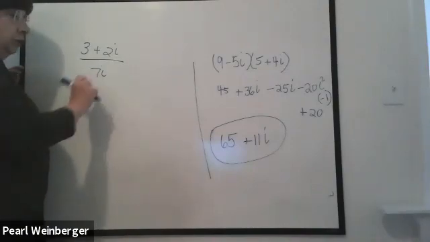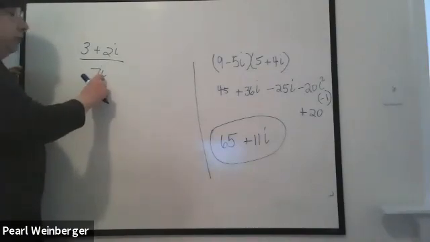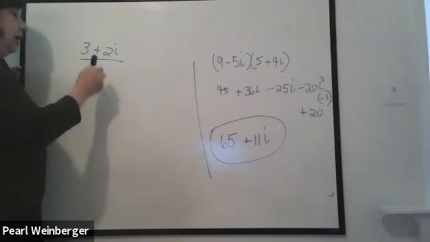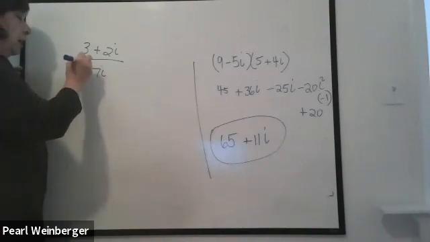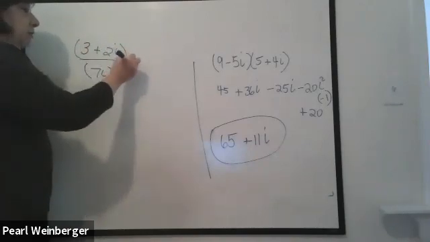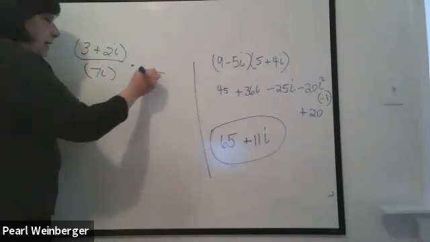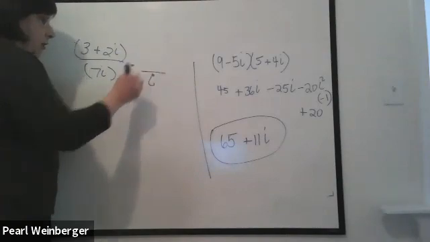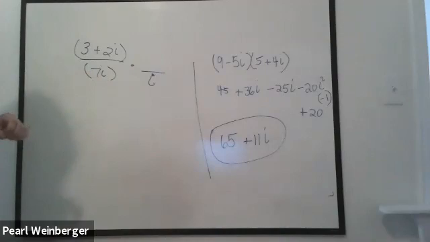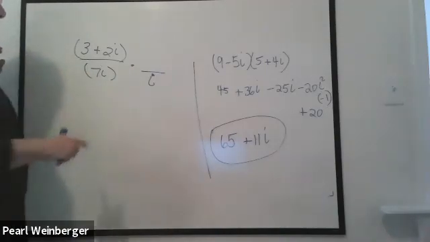If it's a monomial, as in this case, the only problem is this i. What am I going to do with the i? I'm going to multiply both the top and the bottom of this fraction by i. Because then I'll get an i squared, which I can replace with a negative 1.